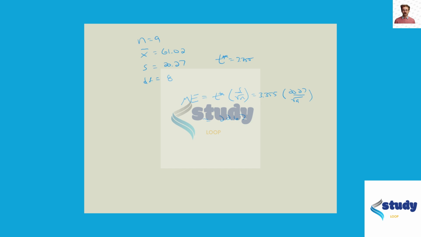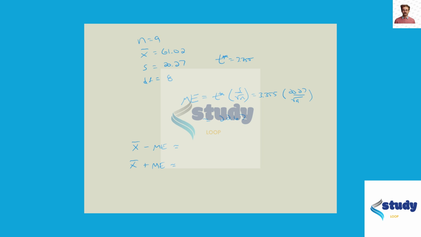So the lower limit would be the mean minus the margin of error, and the upper limit would be the mean plus the margin of error. And then we're going to round to 2 decimal places.